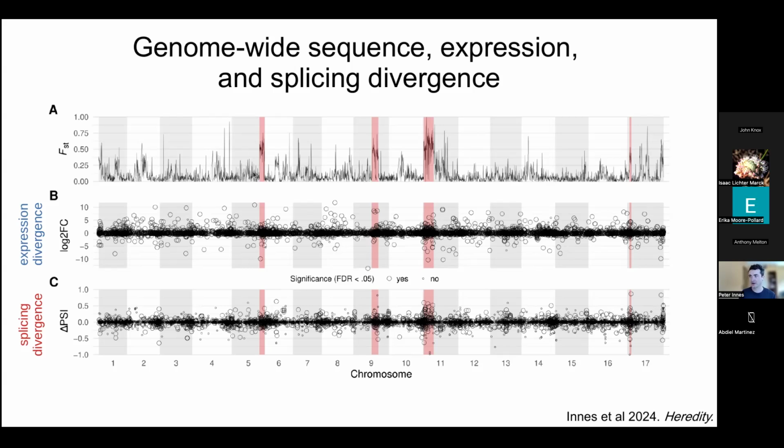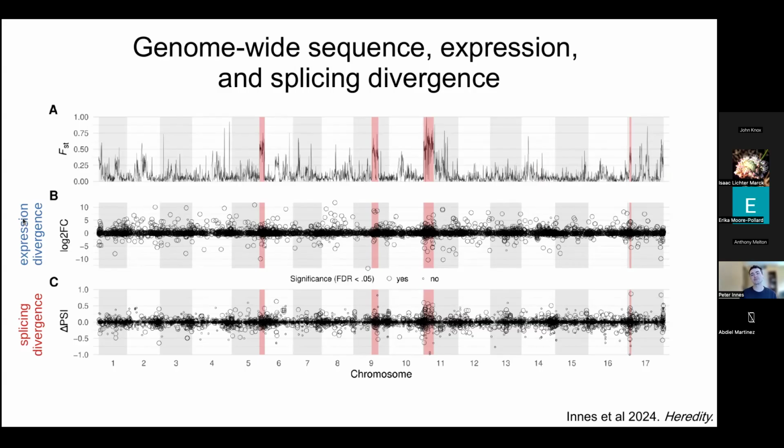And there are regions other than the inversions that show elevated divergence. And we think that's just because selection is so strong in this system and differences are starting to build up beyond the inversions. But these inversion regions show the highest genetic divergence.